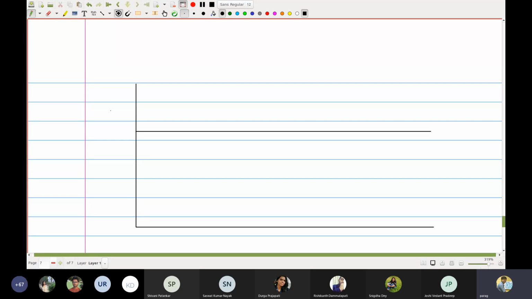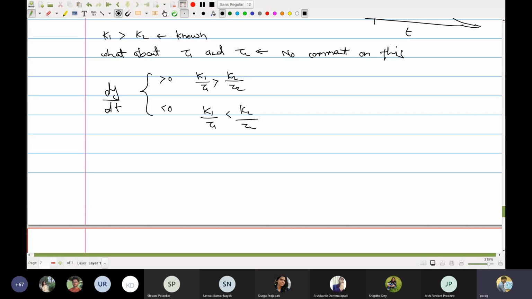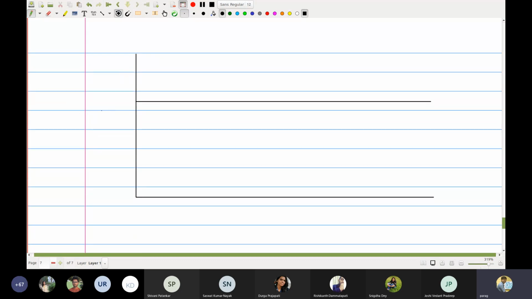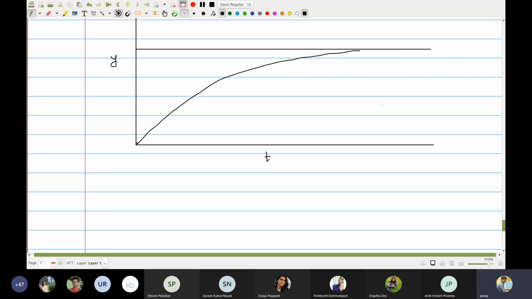So what should be the ultimate response? You have two conditions. The first condition is that when k1 by tau 1 is greater than k2 by tau 2, the derivative is positive. The derivative is positive means that you would start from here. So this is y of t and this is t. You would be having a positive derivative and you would ultimately reach here. Fine. But what about the second situation? The second situation is that the derivative is negative, which means k1 by tau 1 is less than k2 by tau 2. And when this happens, the derivative is negative, which means that you start going down.